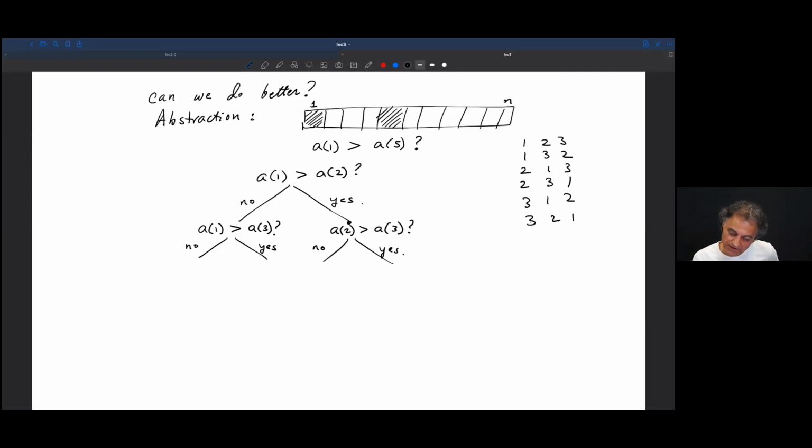So if we look at it, is A1 bigger than A2? It turns out that there are exactly 3 of these where A1 is bigger than A2, and 3 where A2 is bigger than A1.